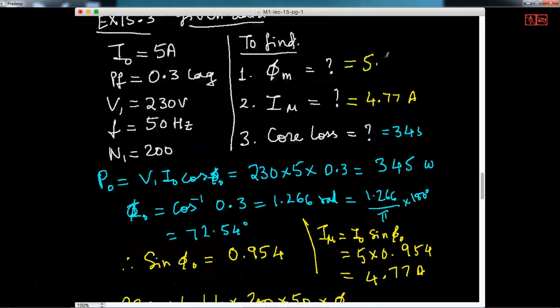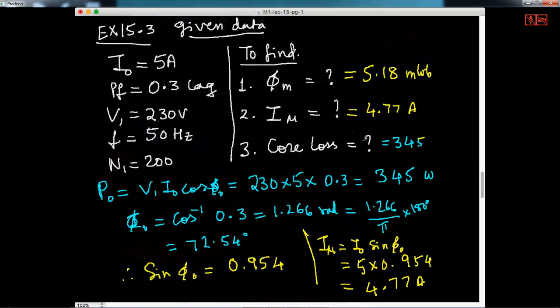Okay, so I hope you are now clear with this topic of transformer on no load. We can also draw the vector diagram. There is another method to solve, which is to make use of the triangle. What is IW?